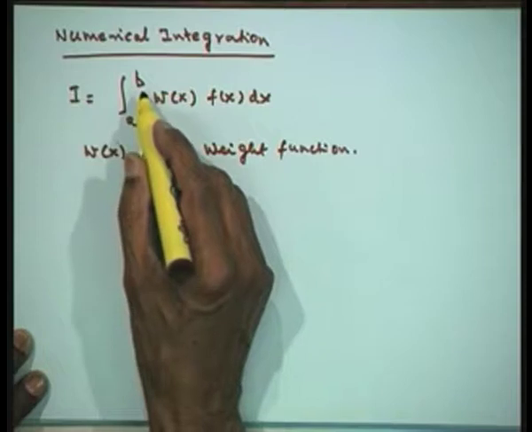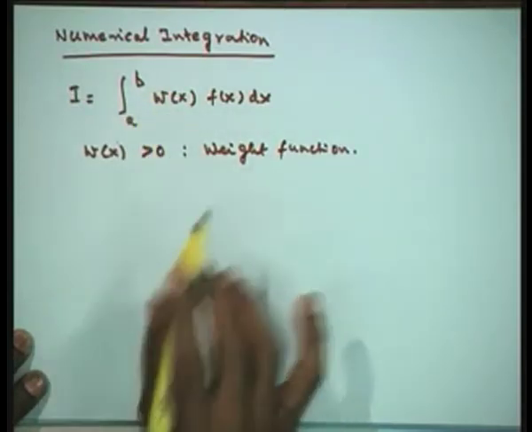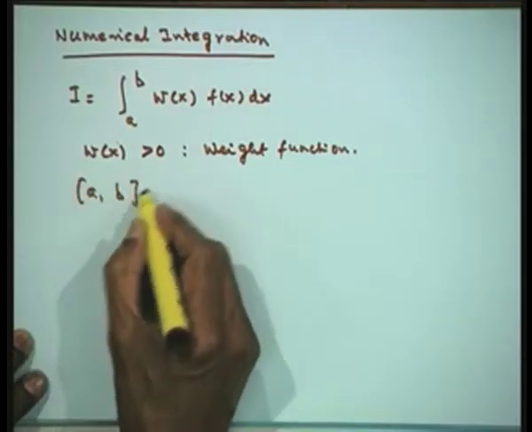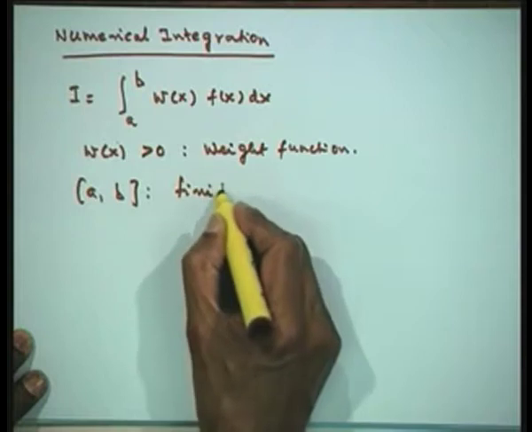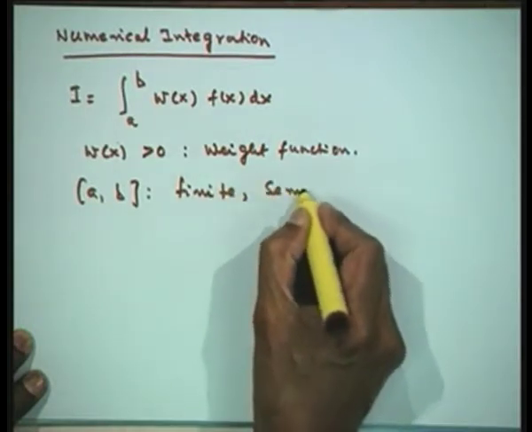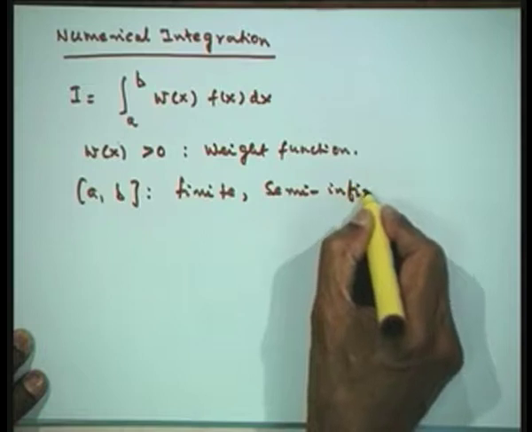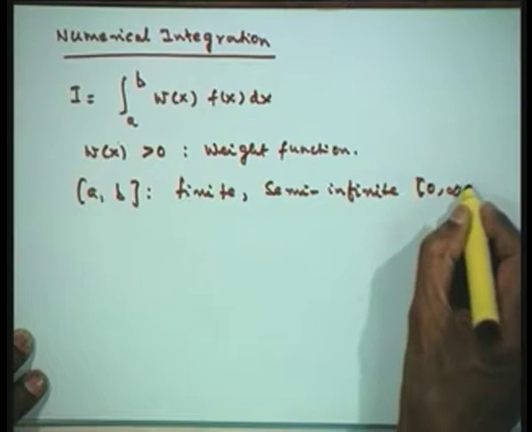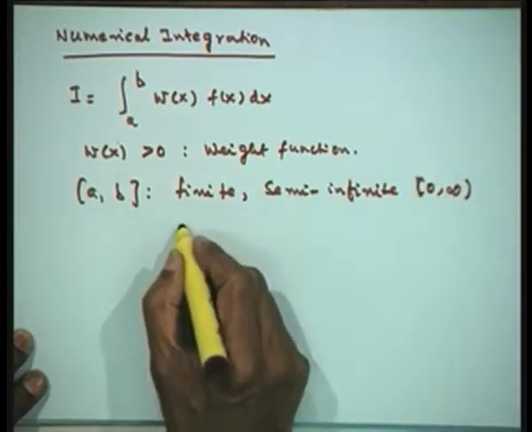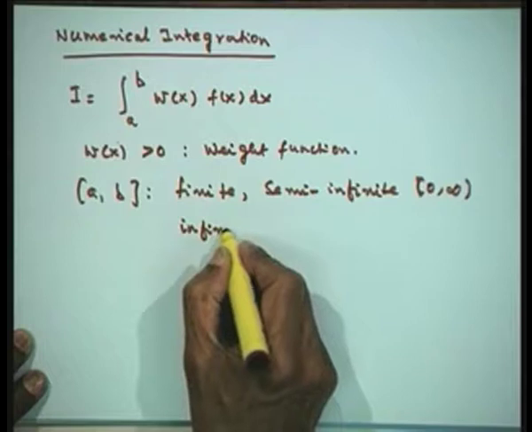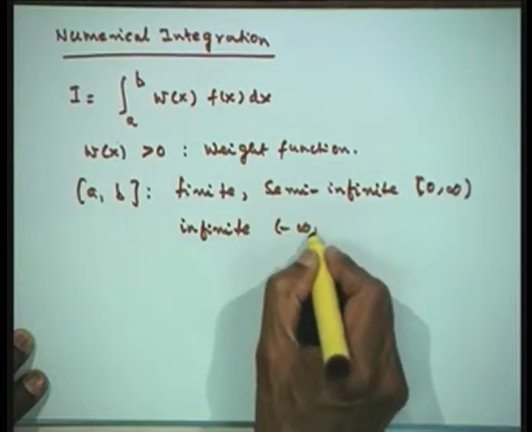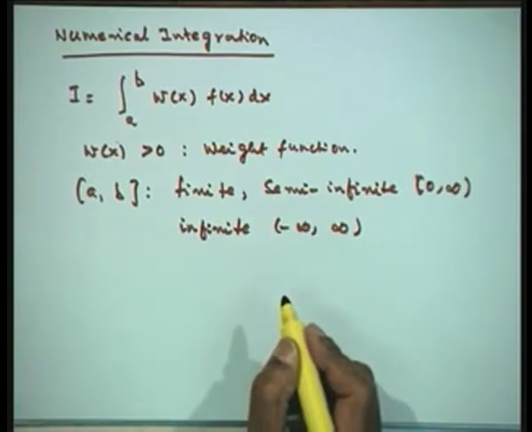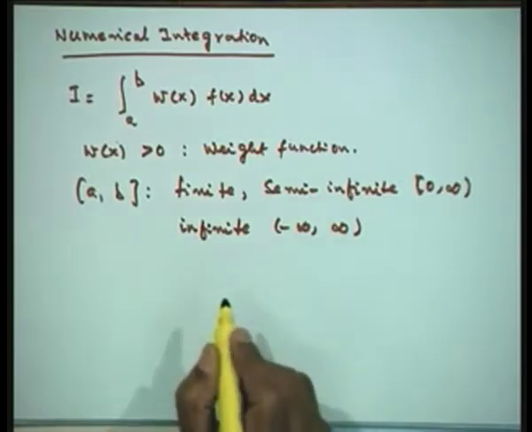Now, the interval a to b may be finite, it can be semi infinite, 0 to infinity, or it may be infinite. We shall consider all the three cases and derive numerical methods for obtaining this particular integral.